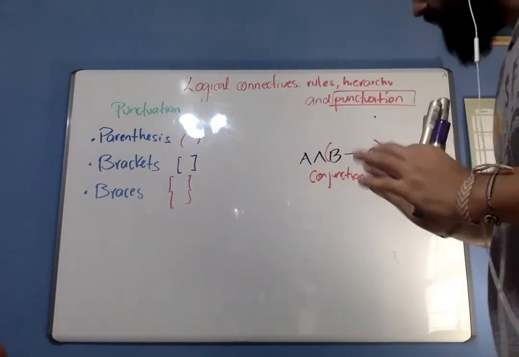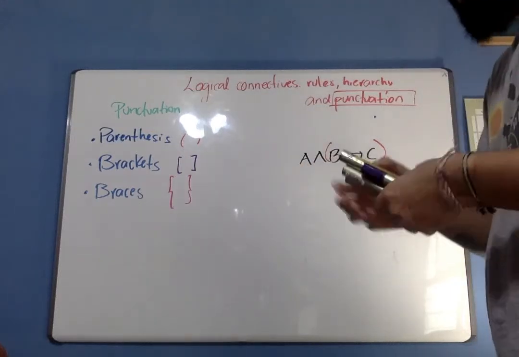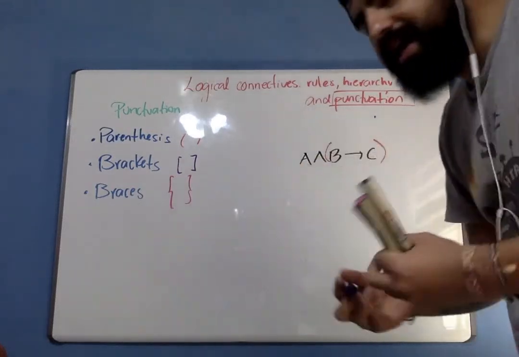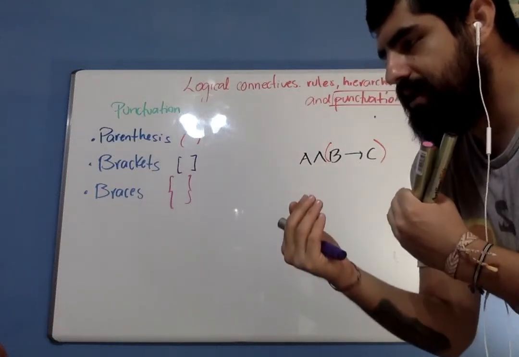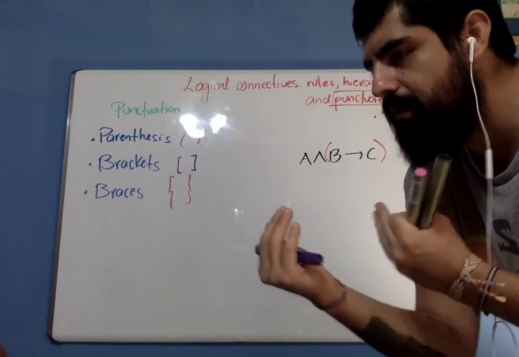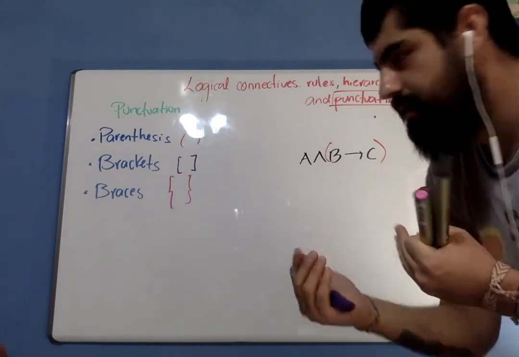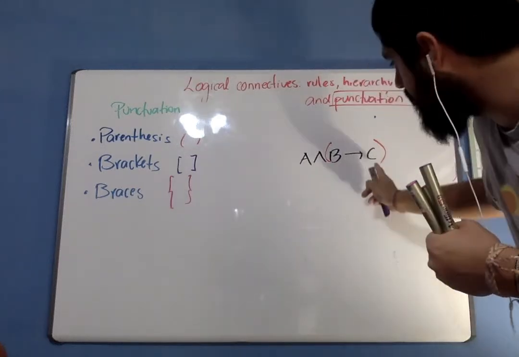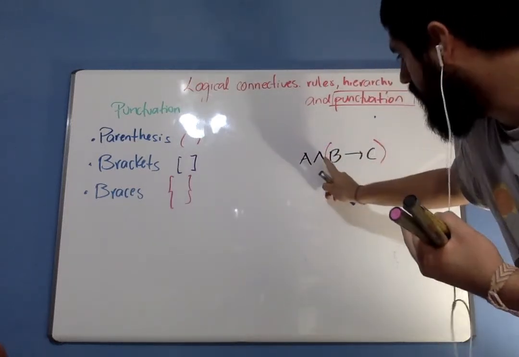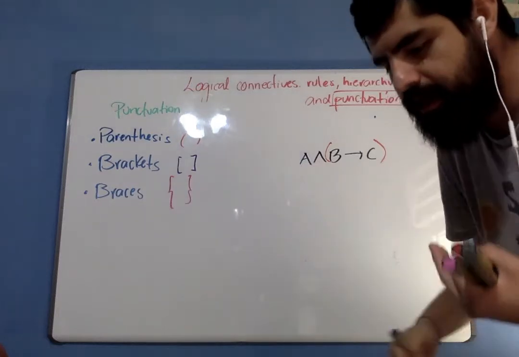Now imagine that we change this again, and we merge again. This is the point. The punctuation marks have the function to merge or to consider an expression as a unity. In this case, B conditional C is a unity that is now related with the variable A through a conjunction.